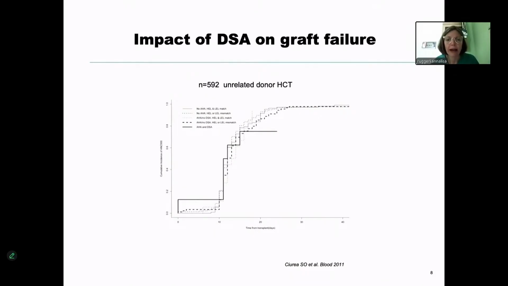Here we can see a report from the CIBMTR in more than 500 patients receiving an unrelated donor, in which the cumulative incidence of neutrophil engraftment was significantly lower for those patients with DSA before transplantation.